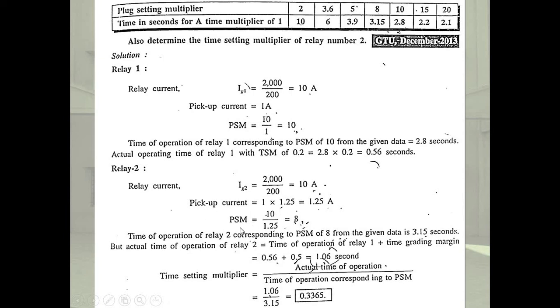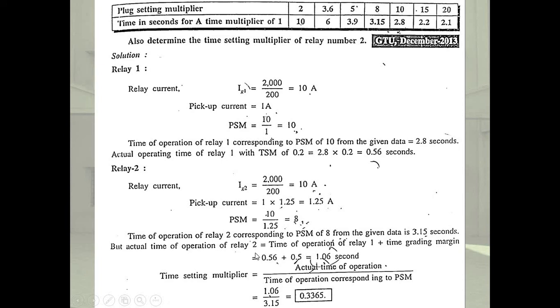Now PSM equals 10 divided by 1.25, so PSM value is 8. Now the time of operation of relay 2 corresponding to PSM 8 from the given data is 3.15 seconds.